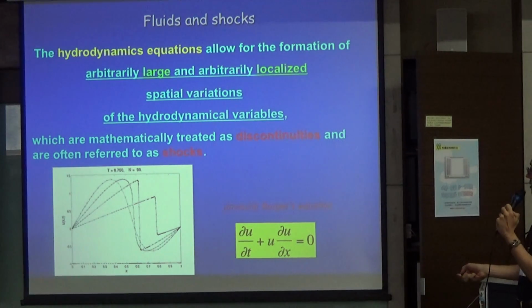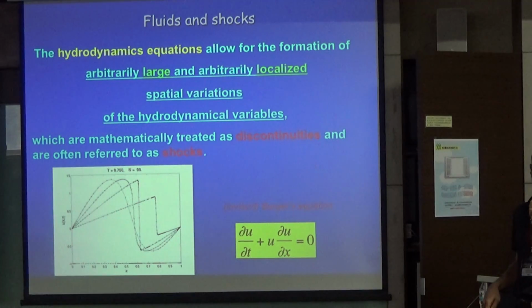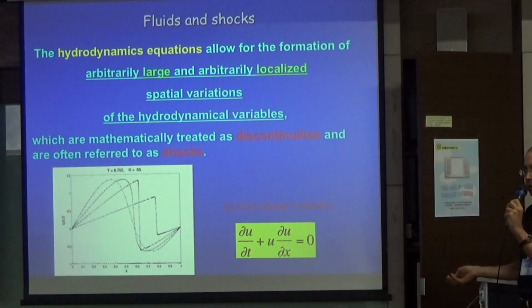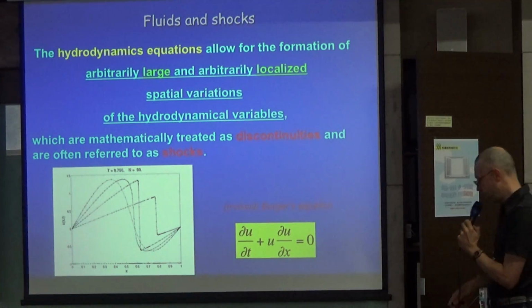Here is an example of a very simple equation called Burgers' equation. The initial data we started with in this graph is this very smooth curve, and after a few steps, a shock has developed. This is a property of the equations.